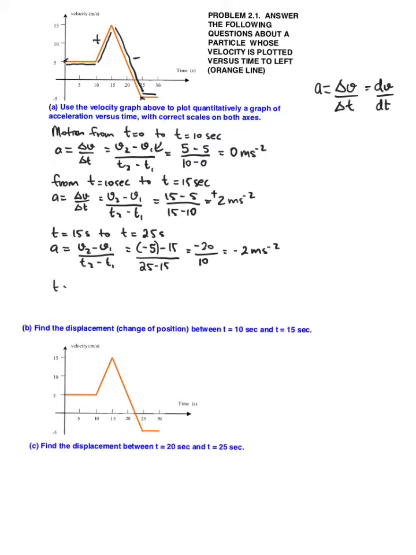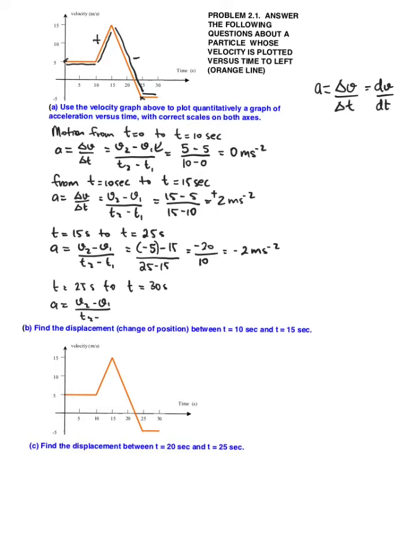Now from t equals 25 seconds to t equals 30 seconds, it's pretty obvious that our acceleration again is going to be 0, but we can use our expression to plug those values in.